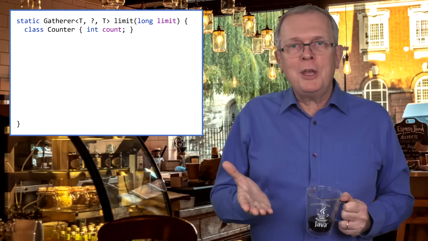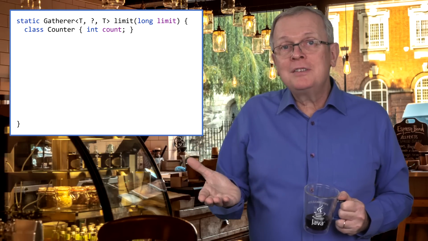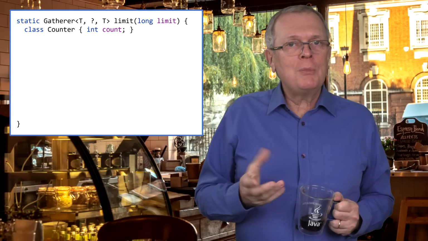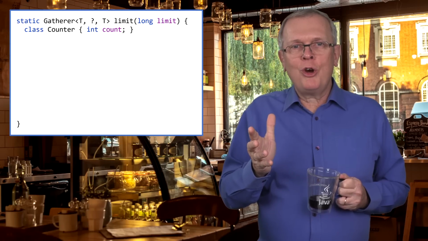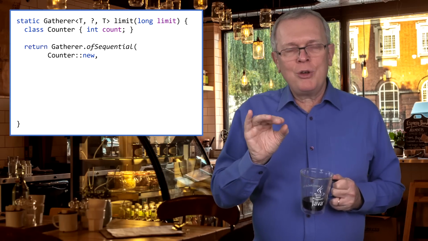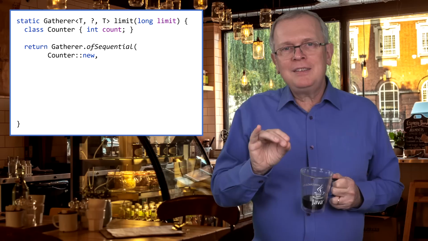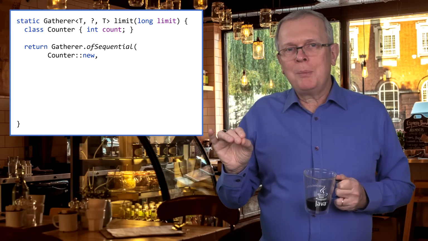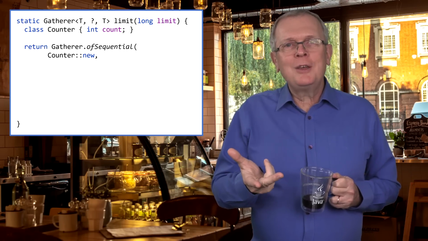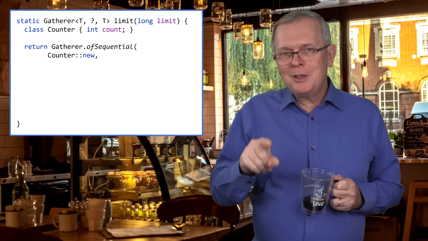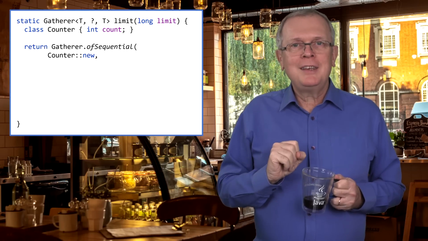Then you need to tell the API how to build an instance of this mutable container in the form of a supplier. And by the way, let me call Gatherer.ofSequential. ofSequential means that this gatherer does not support parallel streams, which does not mean that you cannot call it within a parallel stream. We are going to talk more about that in a minute.